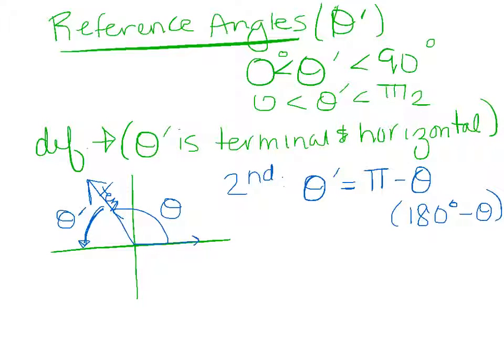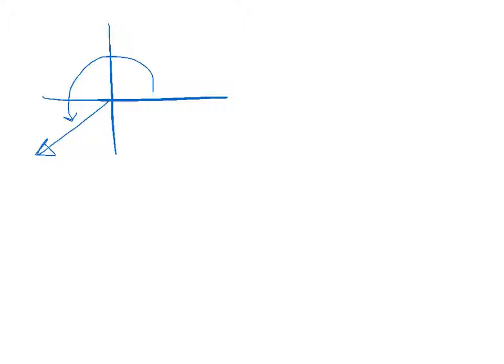Now let's go on to the third quadrant. A third quadrant angle might look something like this. All the way to the terminal side is theta. So to find my theta prime, I go from this terminal side to the nearest horizontal, kind of backwards now, and that's theta prime right there.